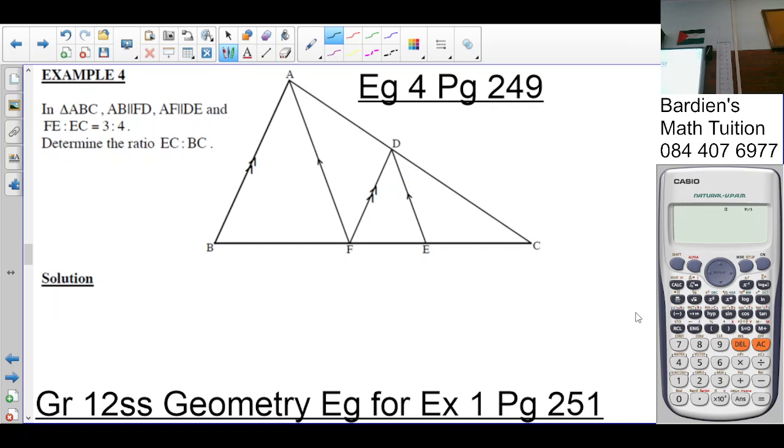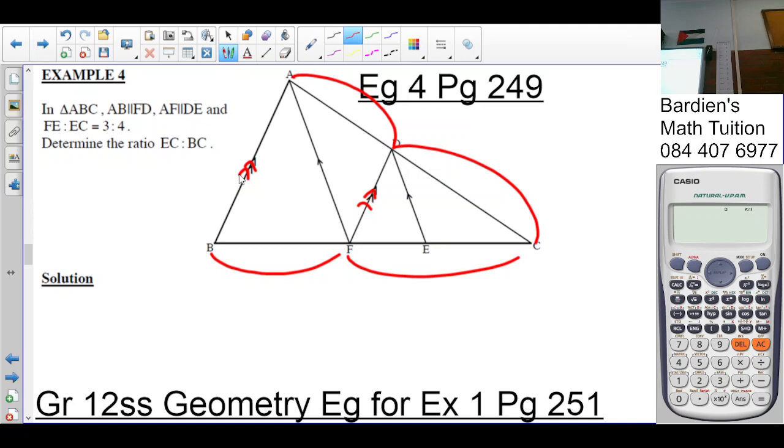So, in example 4, we are told that in triangle ABC, AB is parallel to FD. So, if those lines are parallel, we know that AD over DC is equal to BF over FC. And all these variations are also evident here.